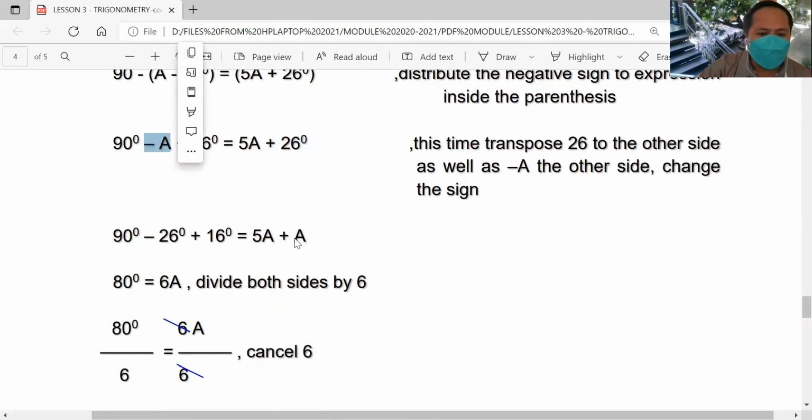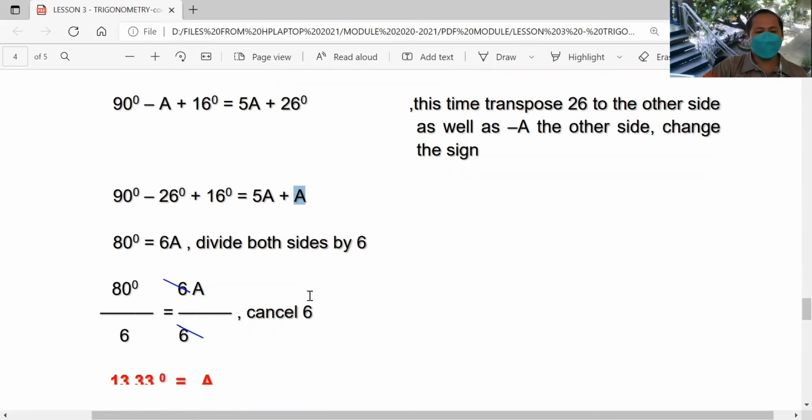Negative a we transpose, so it becomes positive. Positive 26 transposed to the other side becomes negative 26 degrees. So we have 90 degrees minus 26 degrees plus 16 degrees is equal to 5a plus a is equal to 6a.